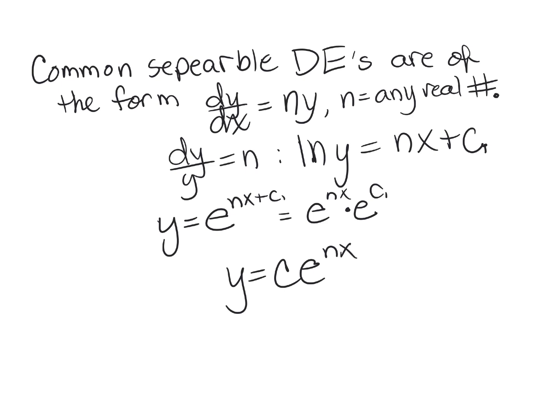When we integrate the right-hand side, which has a dx that I neglected to write, hold the phone, dx, then we're going to get the ln of y equals some number times x plus a constant. Rewrite this as an exponential. It gives me y equals e to this power, and e to this times e to this, that's just a constant, and I get this form of an answer.